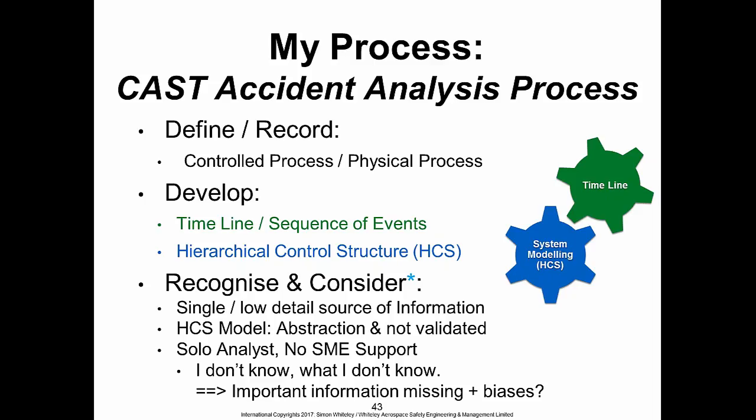Then you develop the timeline or sequence of events, and then you develop the hierarchical control structure model of the system of interest. Now personally, I prefer to develop the timeline first because the activity of going through that can help you identify the components of your control structure and some of the interactions. So it sort of makes sense to do that first.